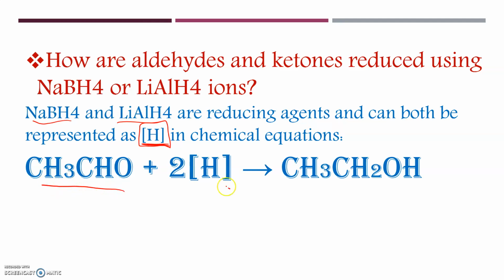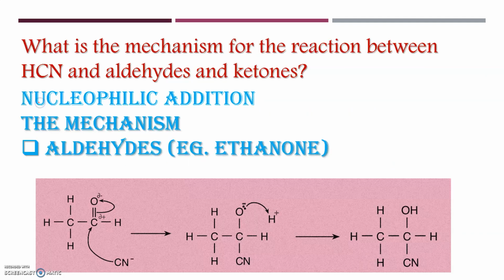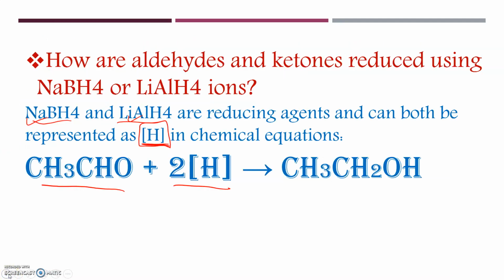When you reduce it by either this compound or that compound, so again, instead of writing just this compound, which is sodium tetrahydroborate, NaBH4, this is called sodium tetrahydroborate.